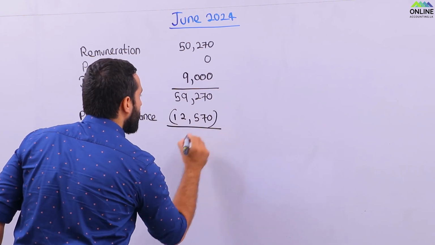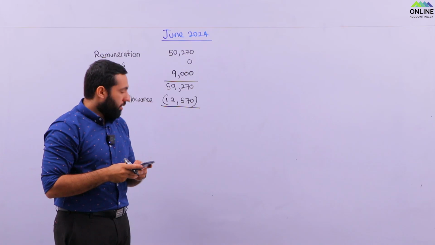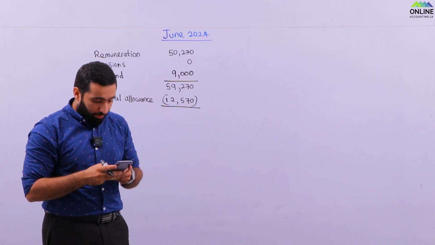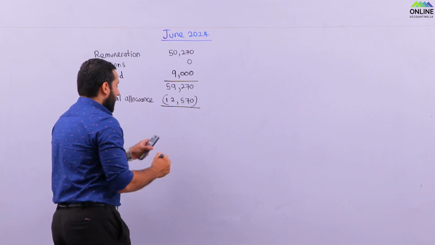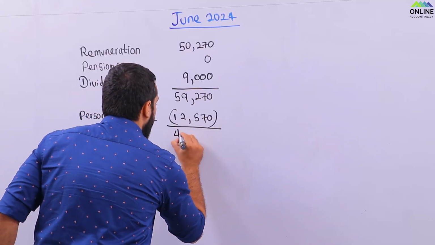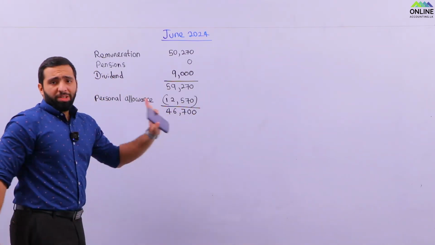And then if you reduce this, 59,270 minus 12,570 will give you 46,700. So this is the amount.